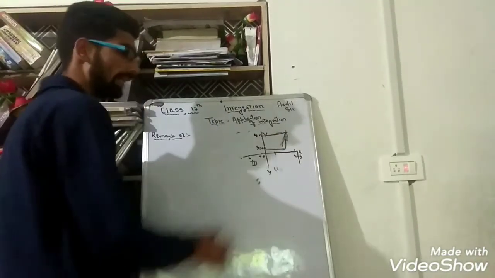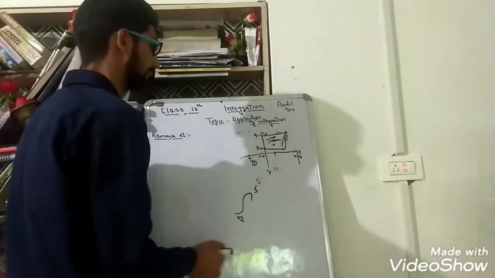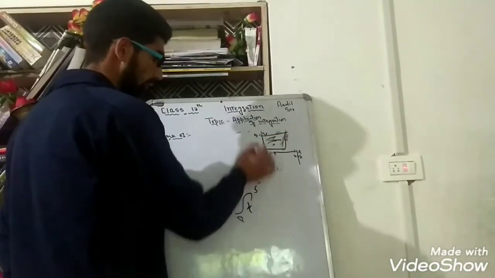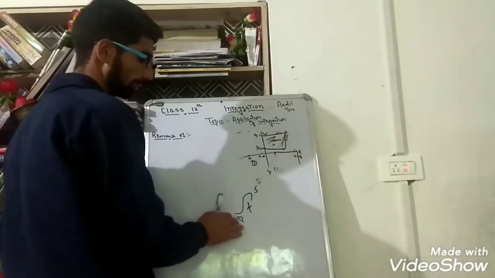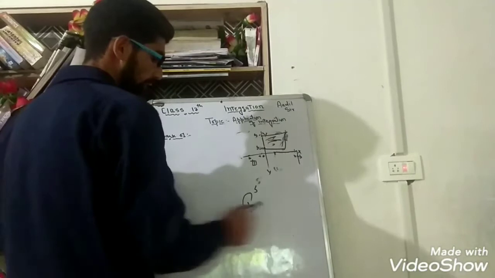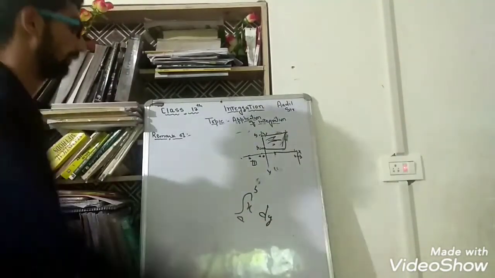At that time the area is equal to the integral from a to b of the curve, but you have to change the function. We are taking limits from a to b on the y-axis, so our integral should be in dy. So here you have to change the function.